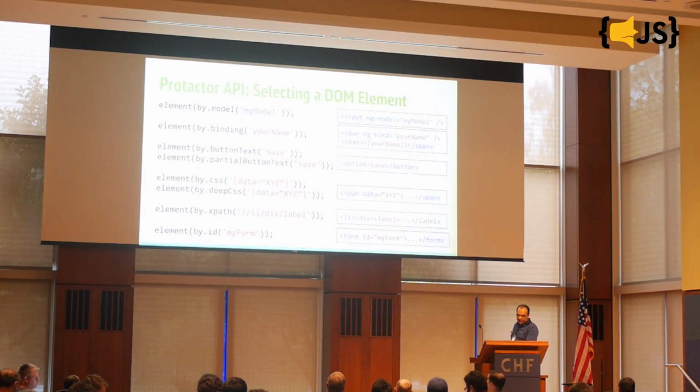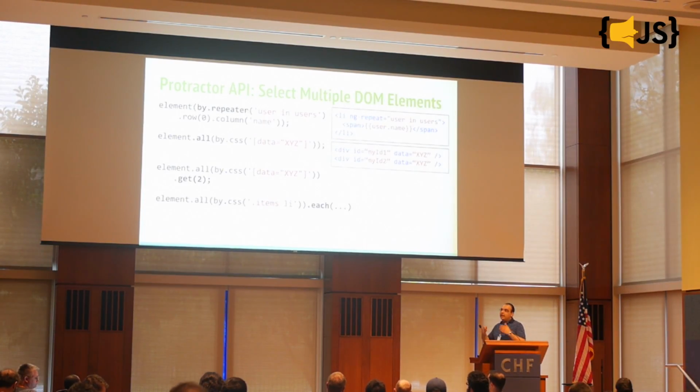So we were seeing these functions, they let you pick one element at a time, but you can also pick multiple elements as a collection. If you are using the ng-repeater from Angular, which is commonly used to render lists, you can use the by repeater selector in this API to pick all elements which match that.